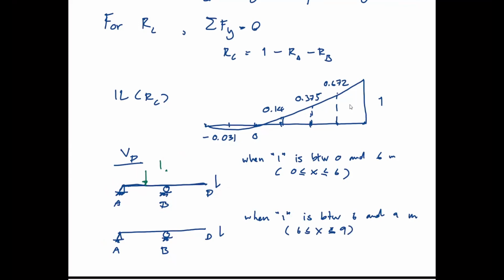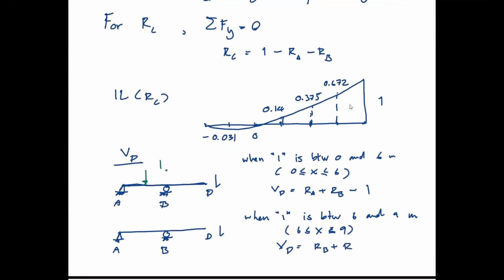Now, so it's straightforward enough. Your VD here is simply equal to RA plus RB minus 1. But here, VD is just RA plus RB.